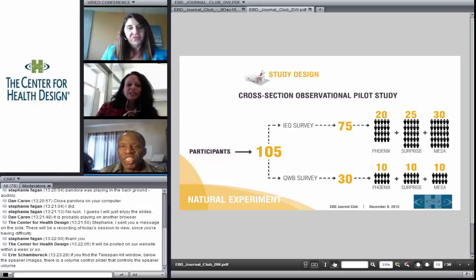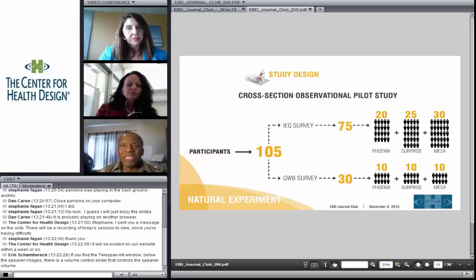But in addition, both things were blinded in the fact that we had unique identifiers, but no way to link them back to the individuals. Because though we measured the individuals, the unit of analysis was the facility itself.